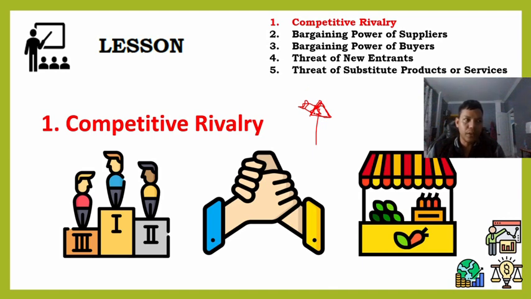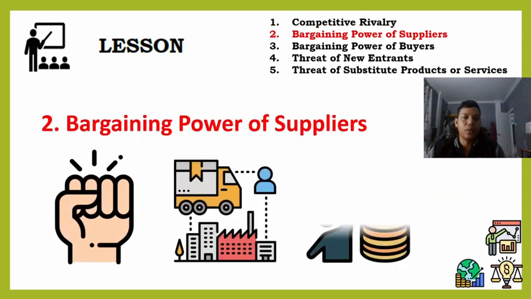The more competitors there are, the easier it is for your customers to switch from your products to theirs. So that is one of the five forces. The next one is bargaining power of suppliers.